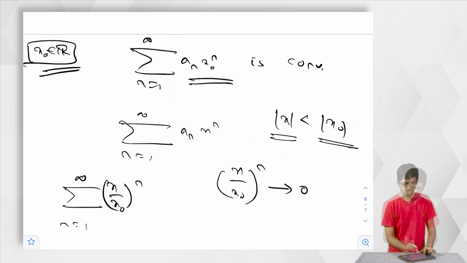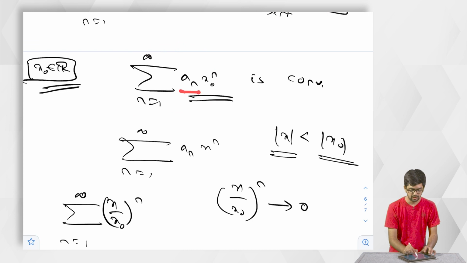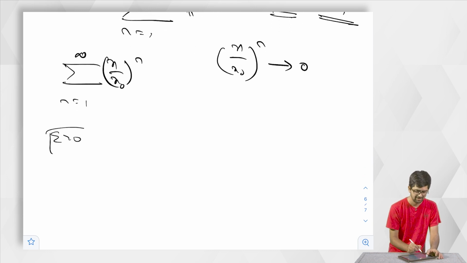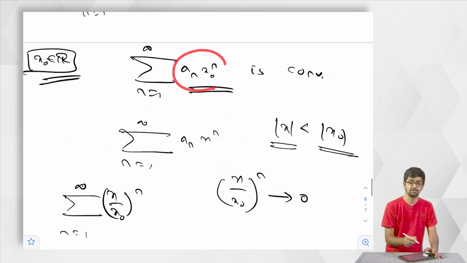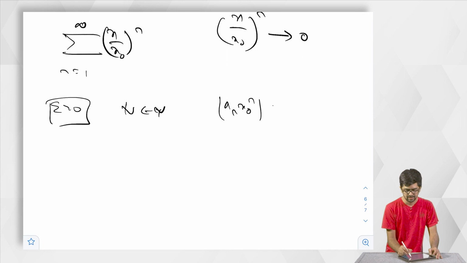Now again, this is convergent, which means in particular that a_n x0^n is going to 0. So again the same trick: given epsilon positive, this converges to 0 means there is N belonging to the naturals such that mod a_n x0^n is less than epsilon. Again take epsilon to be 1.